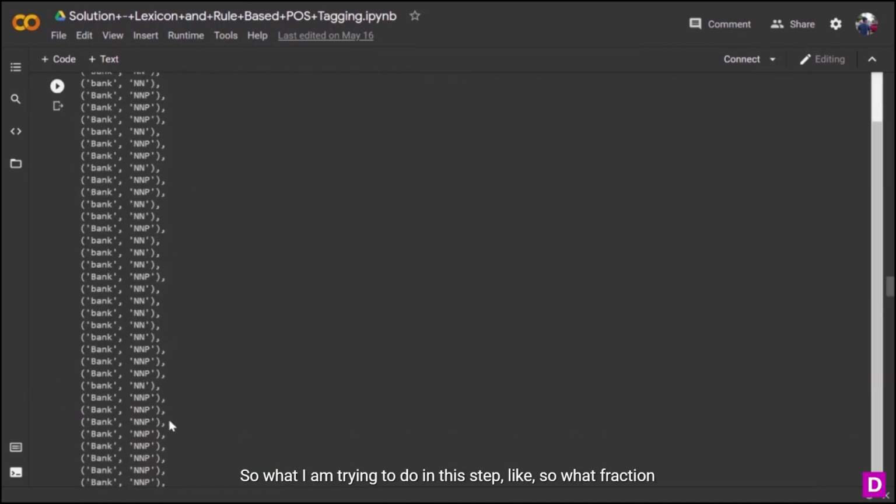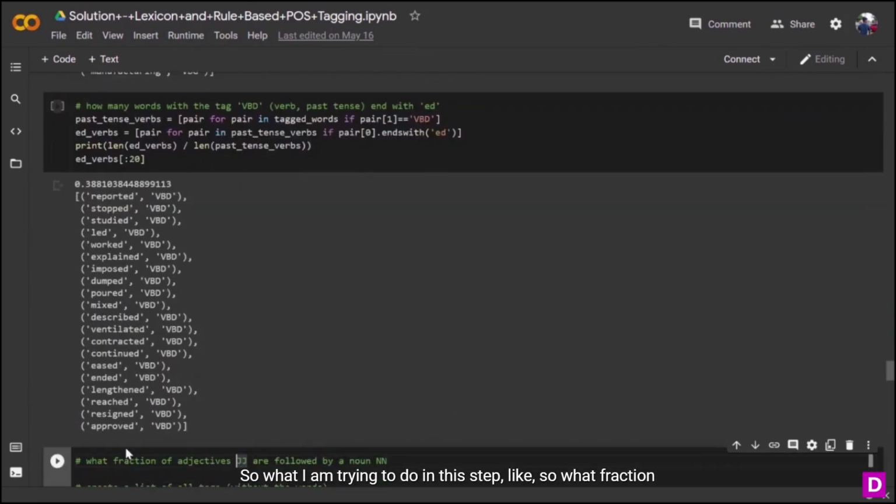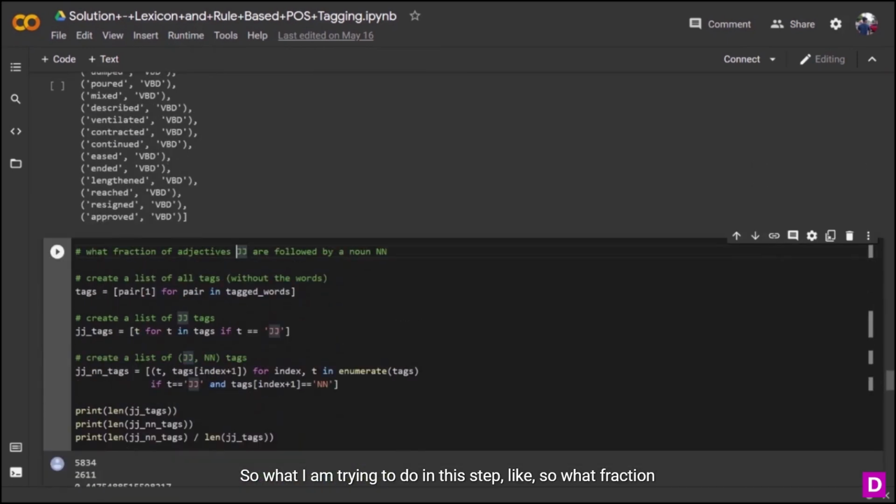So what I am trying to do in this step is find what fraction of adjectives are followed by a noun. Generally, there is an assumption in any given sentence that a noun would be preceded by an adjective.